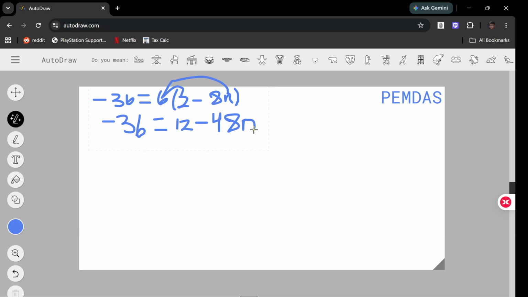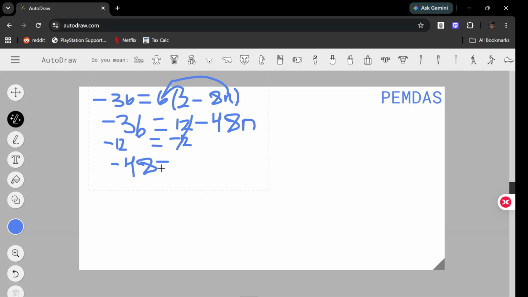Now what I'm gonna do is subtract 12 from both sides because I want n by itself. So we subtract 12. This goes away, and then we have negative 48 equals negative 48n.